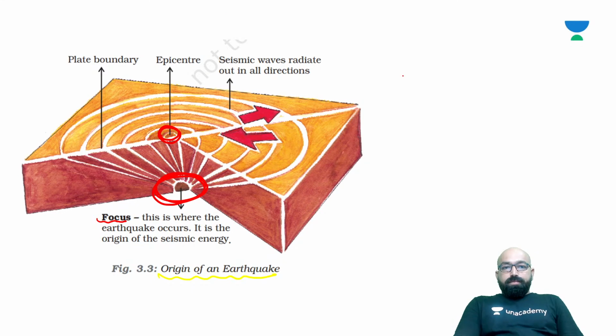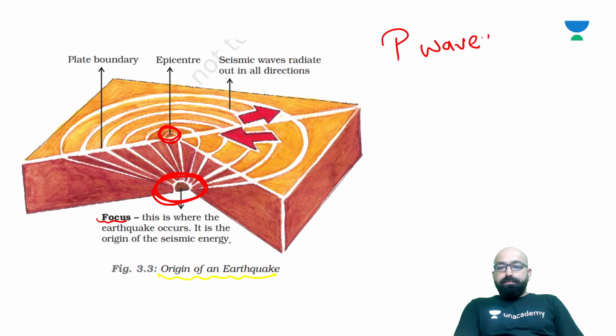So friends, there are three types of earthquake waves. One is P waves or longitudinal waves.